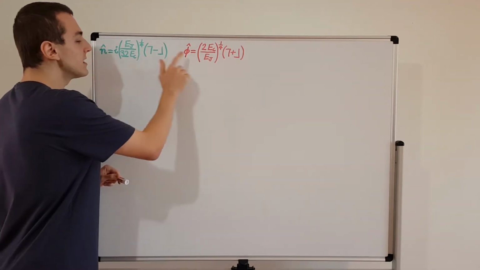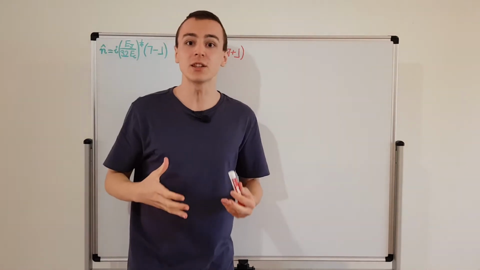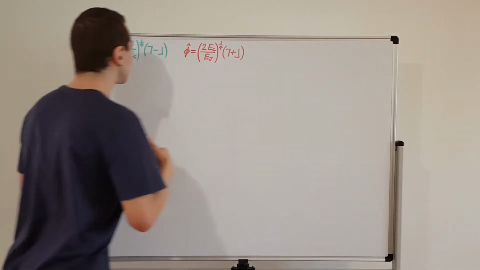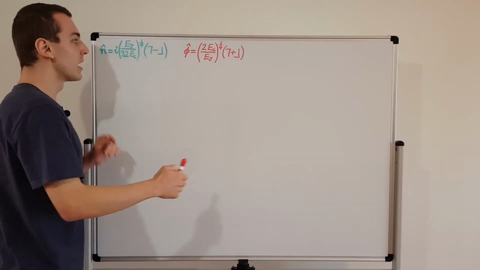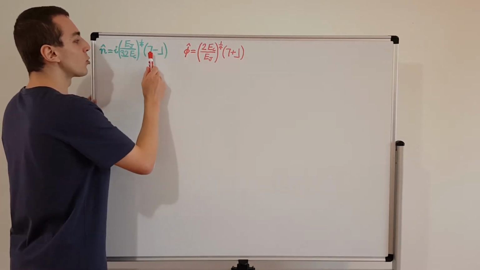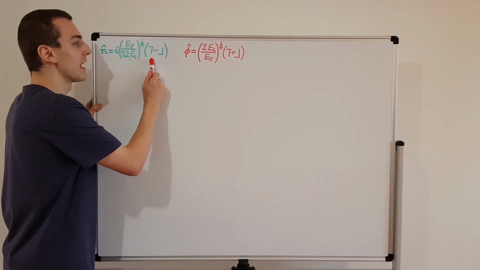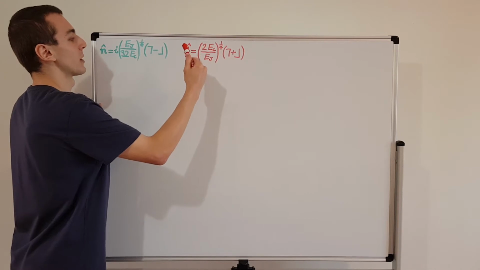Well, both of these correspond to physically observable quantities. So these operators have to be Hermitian. And if they're Hermitian, that means they have to be equal to their Hermitian adjoint. If we take the Hermitian adjoint of this over here, this creation operator is going to turn into an annihilation operator, and this annihilation operator is going to turn into a creation operator.